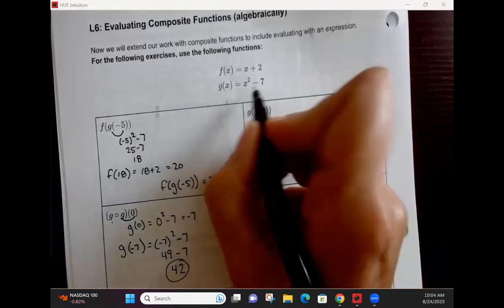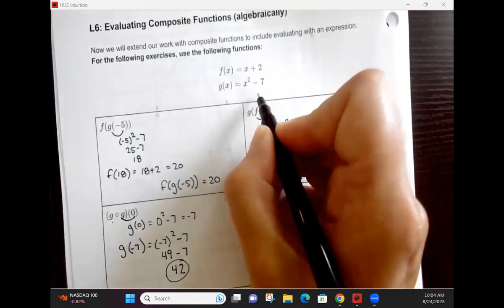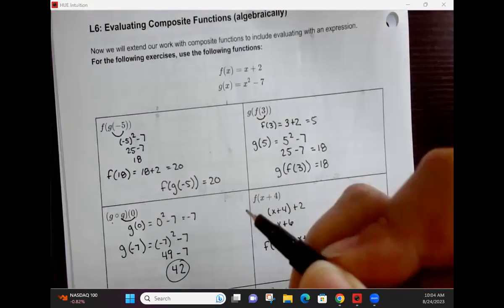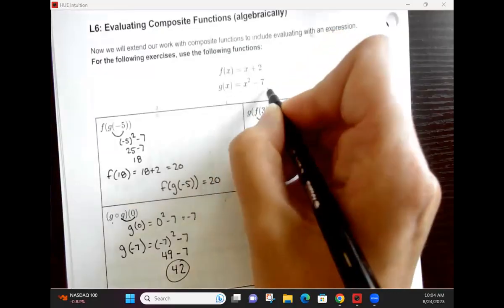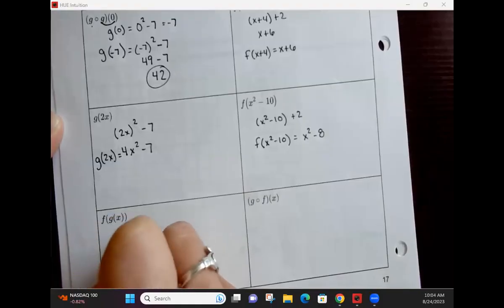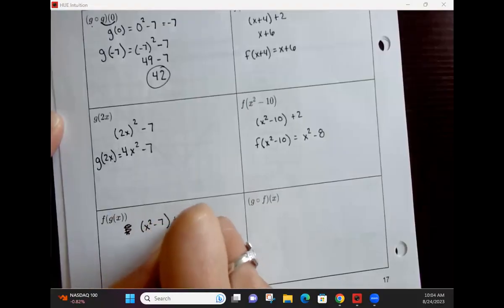So what's g of x? Well, it's just this thing. I don't need to change it or plug anything in. It's already written that way. So now I'm going to go to the f of part. Anywhere I see an x in f, I'm going to plug in g of x. So that would be x squared minus 7 plus 2.